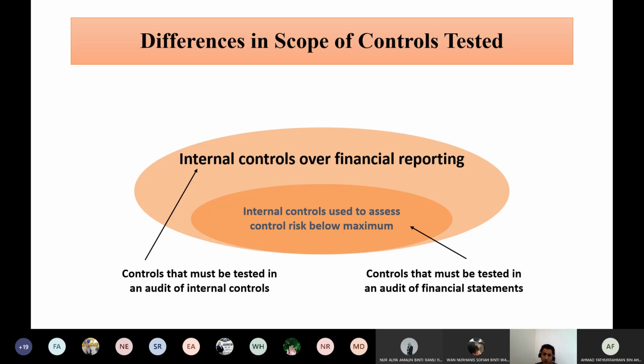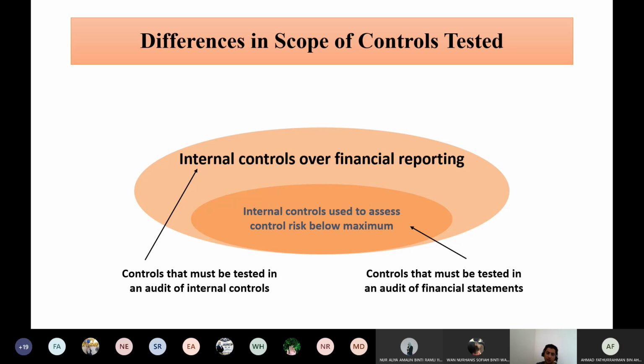The smaller one is internal control used to assess control risk below the maximum, and the upper one is control that must be tested in an audit of internal control.